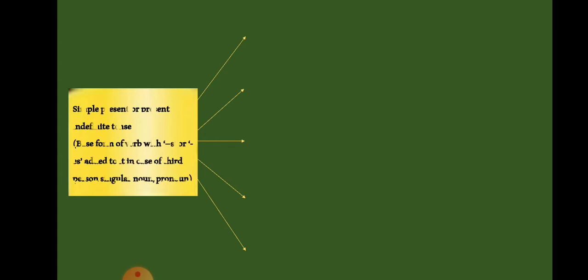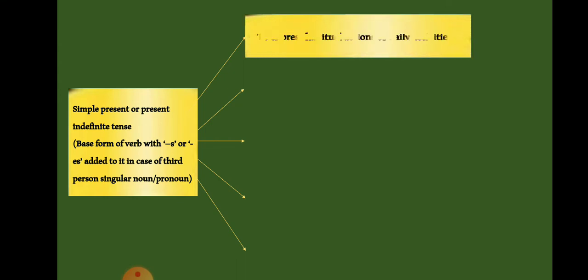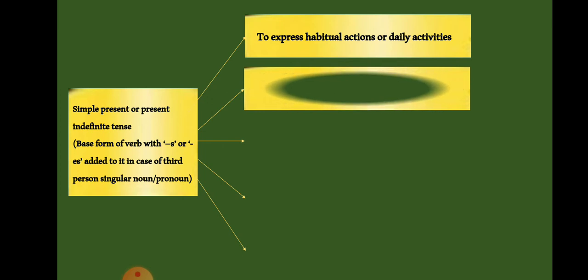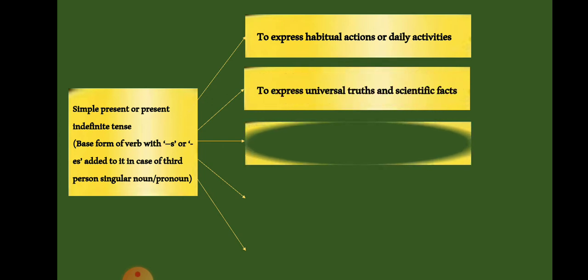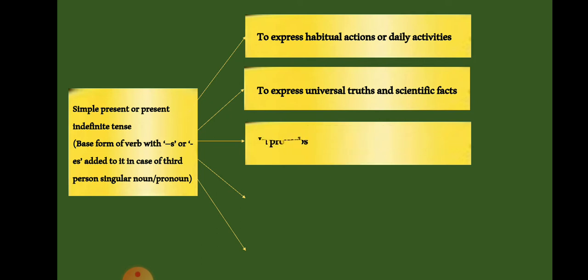When do we use simple present tense? To express habitual actions or daily activities, to express universal truths and scientific facts.